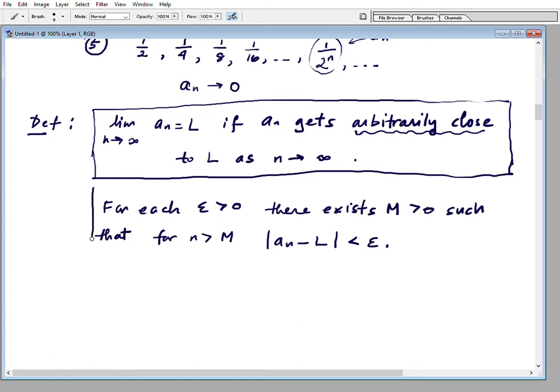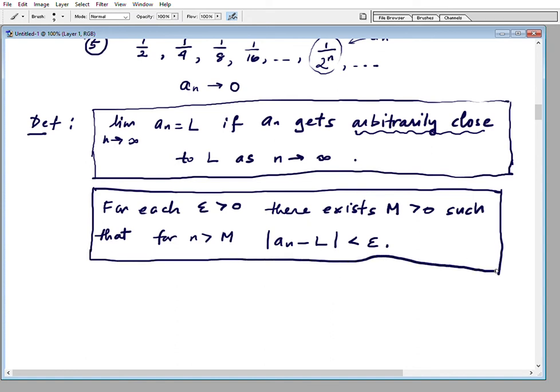Okay, so here's the precise definition. And let me explain it to you in terms of that example of a machine and spending a certain amount of money to get it to be precise. All right, so epsilon is like our 0.1 or our 0.01. Epsilon is a small number, and that could be how good our machine is, how precise it is. M is the amount of money that we spend.